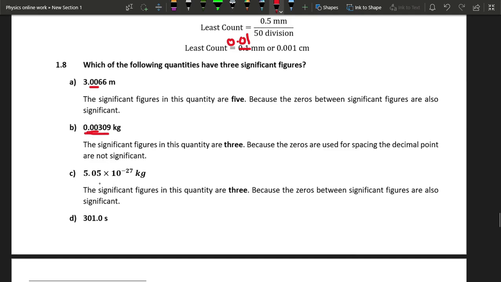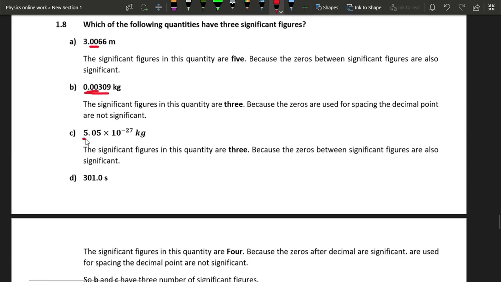Similarly, this expression also has 3 significant figures, because the digits multiplied with this power of 10 are the significant figures. So this value has 3 significant figures, because zeros between the significant figures are also significant.